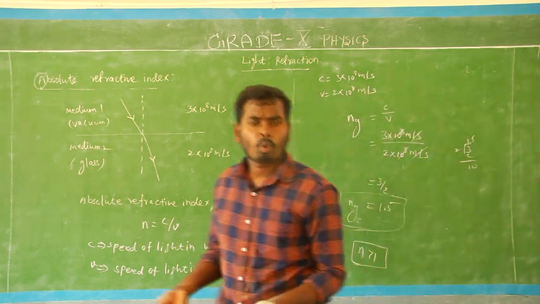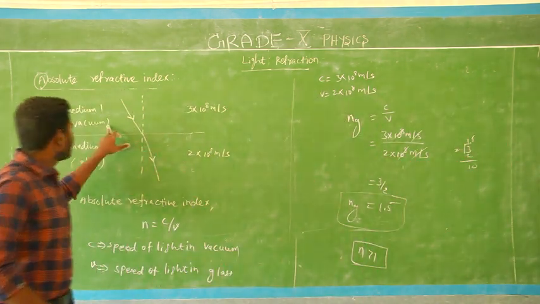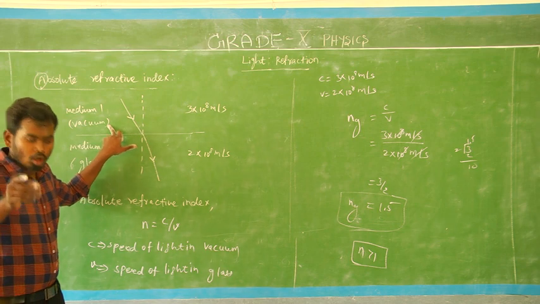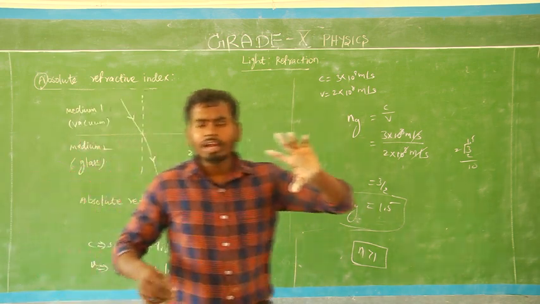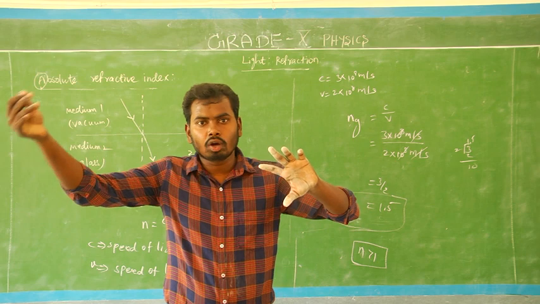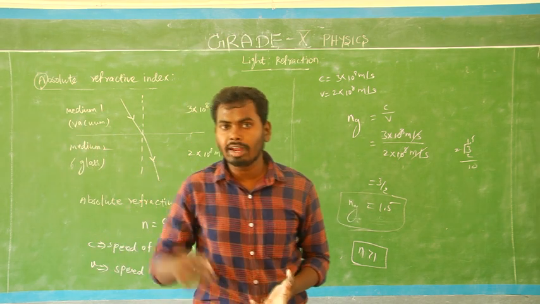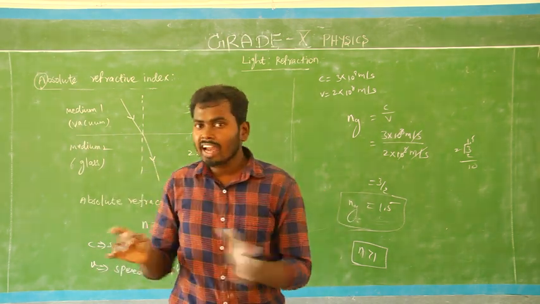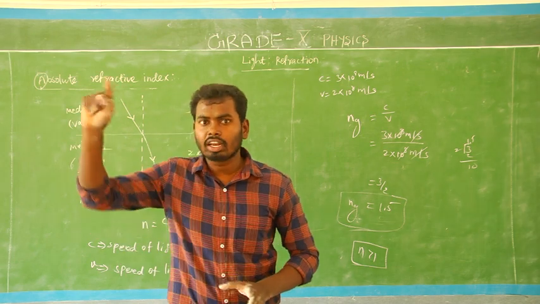Why, sir? Why? Already we know the light speed is maximum only in vacuum. So when light goes from vacuum into another medium, the light speed slows down, which means the speed decreases. So if the light speed decreases, what about the refractive index value?